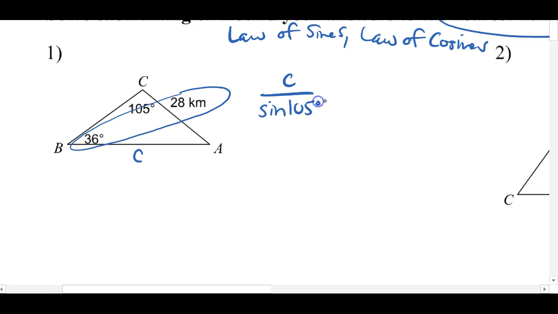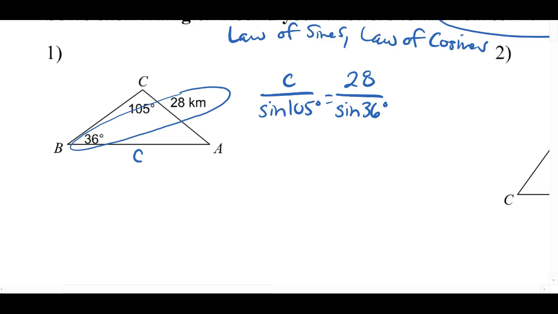So we take the sine of that, and then we're going to match that up with a pair that we know, which is the 36 degrees and 28 kilometers. And remember, I put the side on the top, so that means I need to put the other side on the top. And then the opposite angle, I will take the sine of below.